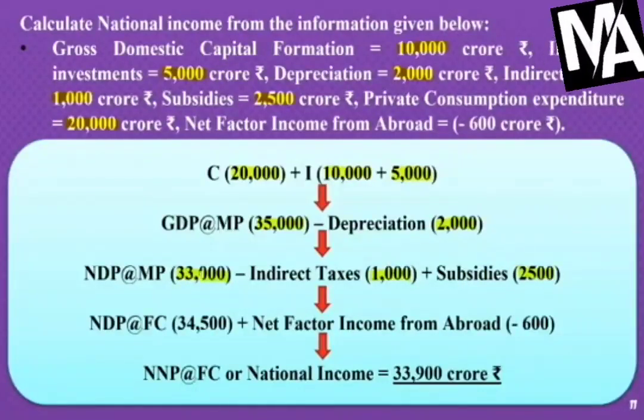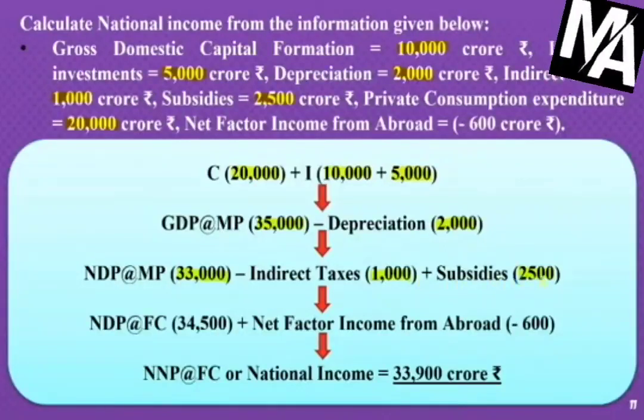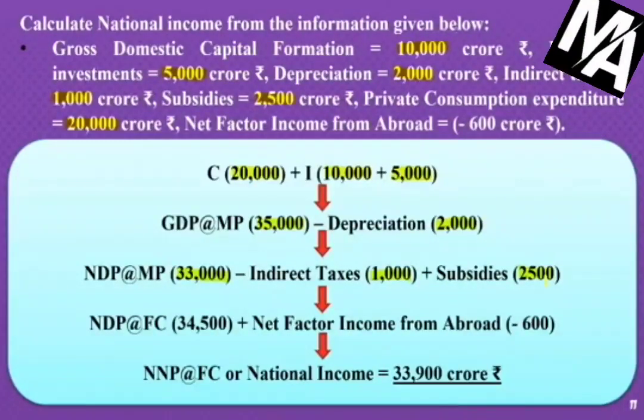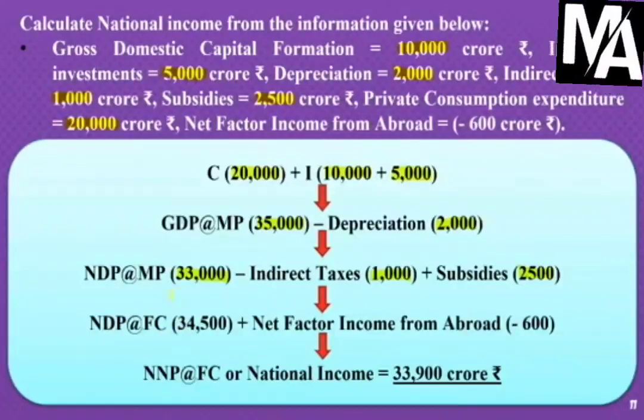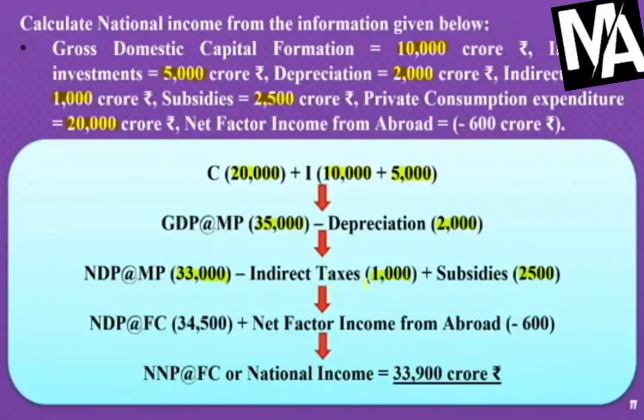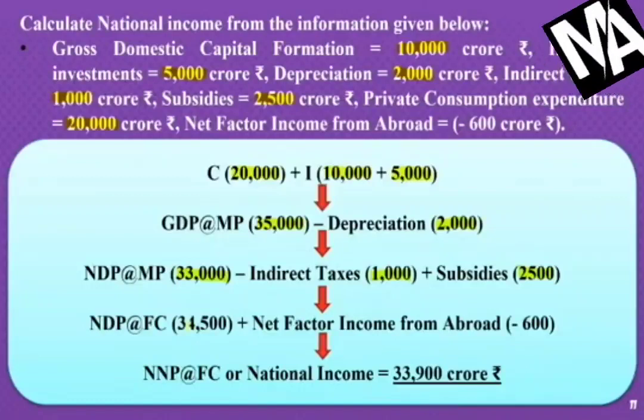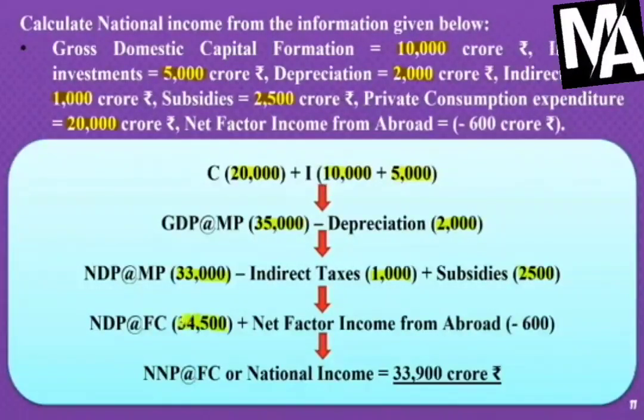So we have 33,000 minus indirect taxes, the 1,000, that is 32,000, plus subsidies 2,500 is 34,500, and that is going to be net domestic product at factor cost, where from the market price we remove the values of taxes and subsidies to get the original price of the goods and services produced. So that is net domestic product at factor cost, that is 34,500 crore rupees.